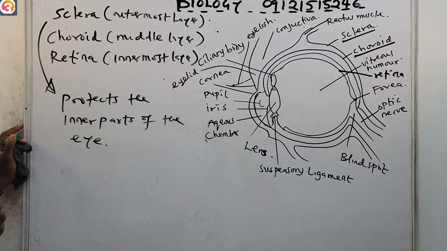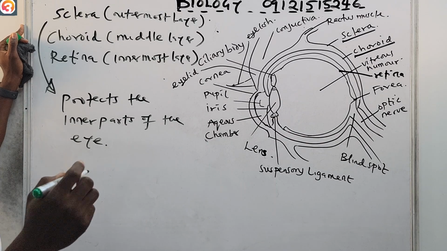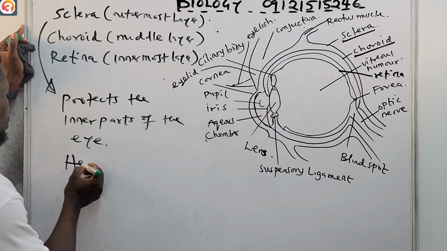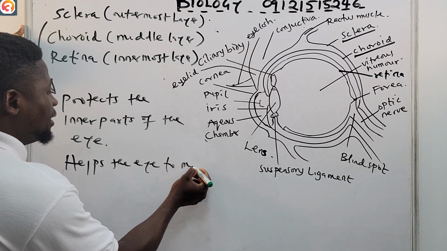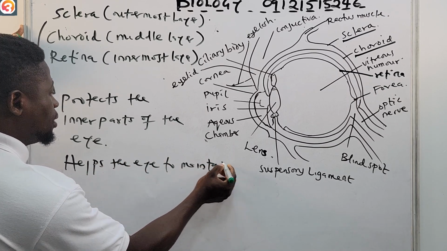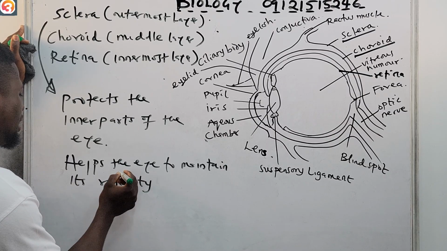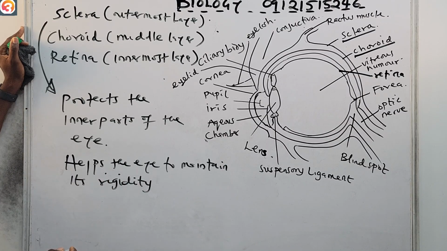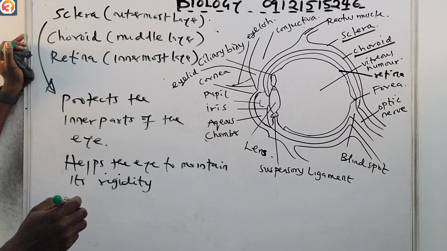In fact, it also helps the eye to maintain its rigidity. So the sclera protects the inner part of the eye and helps the eye to maintain its rigidity.